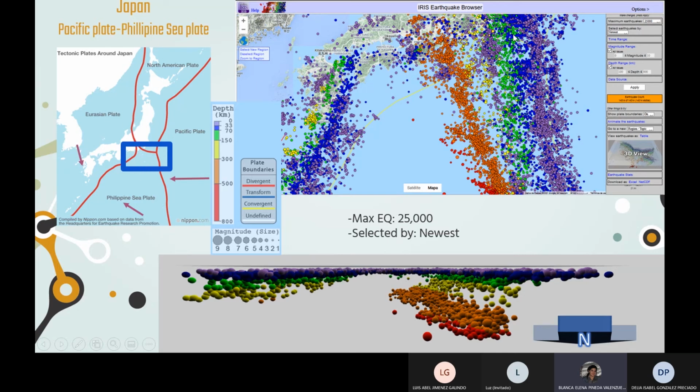So at the image to our upper right, we can see the main subduction where we have first very shallow data that is widely distributed, and then at the deeper points, which are in orange, we have a very straight line.